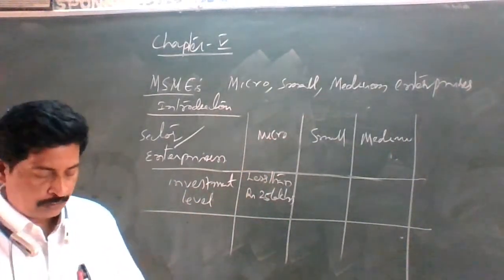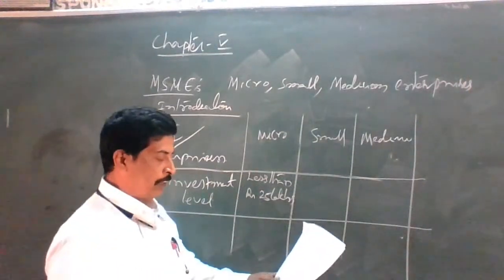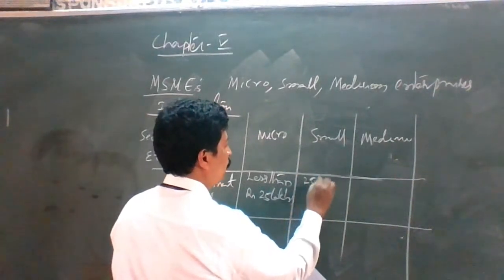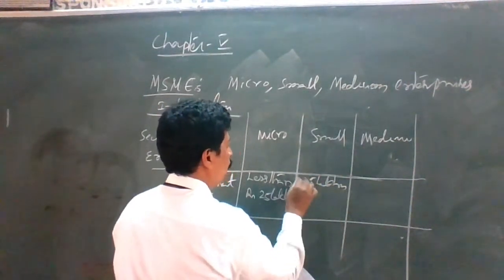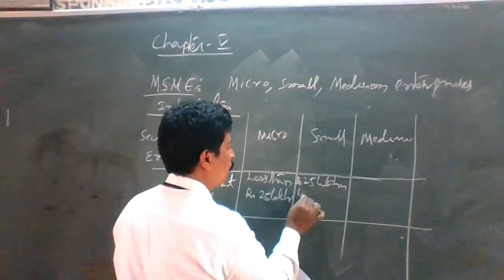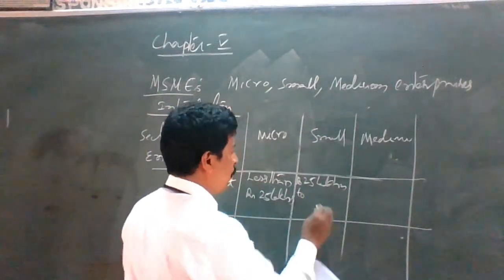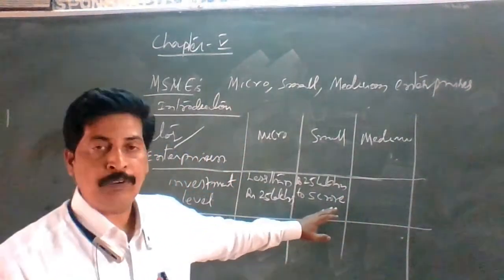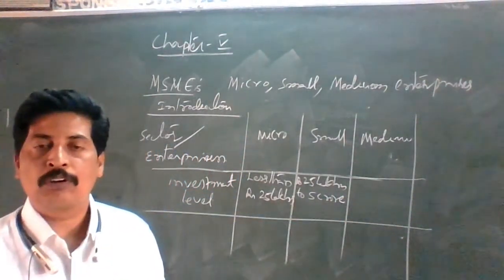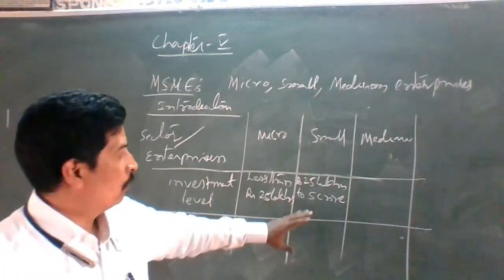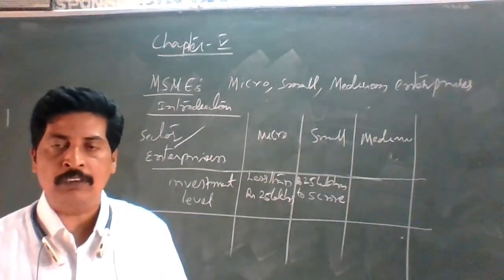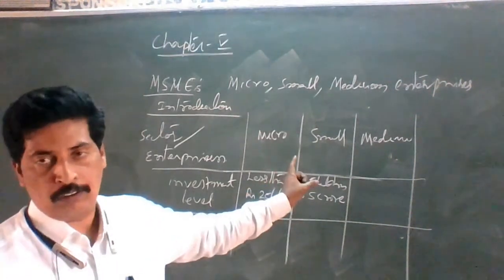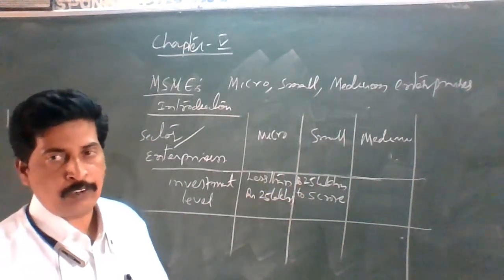When it comes to small, the investment level is between rupees 25 lakhs and 5 crore for small industrial units.